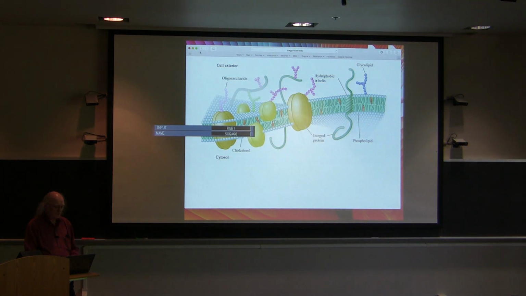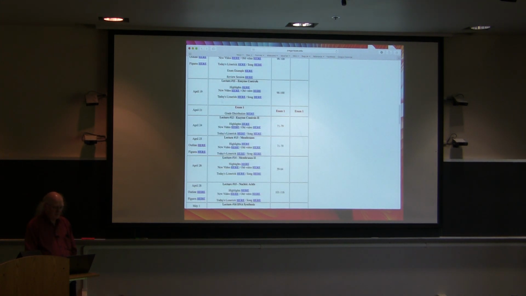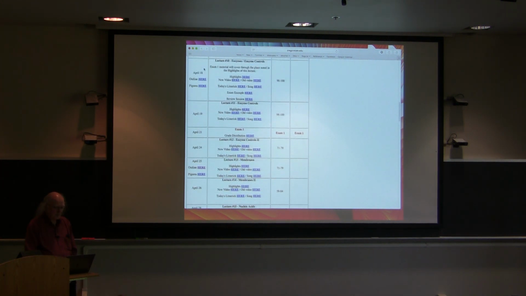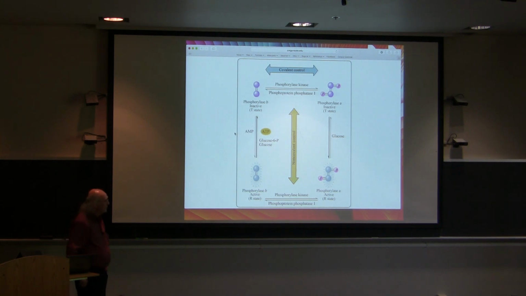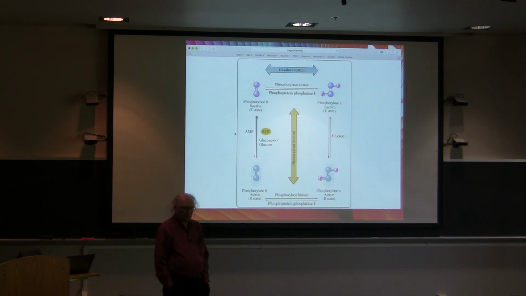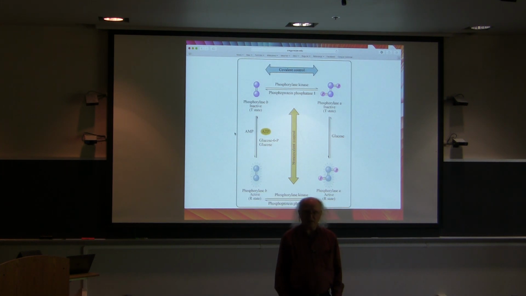I think you're talking about the covalent modification that I talked about with respect to glycogen phosphorylase. Let me show you that. I was simply showing you here that glycogen phosphorylase is an enzyme that can be covalently modified.